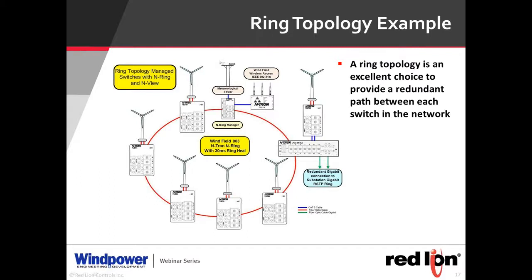Ring topology, while sometimes it's not used in the turbine itself, is an excellent choice to provide redundant paths between each switch in the network. What happens in a ring topology, as opposed to a linear topology, where if you just had a straight path and this segment was broken, suddenly your data stops going to all these other devices?